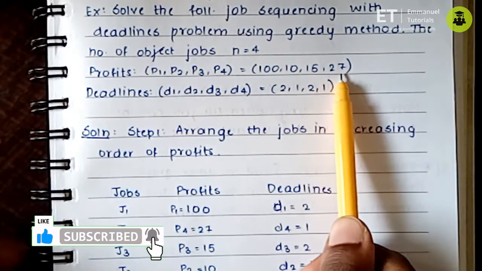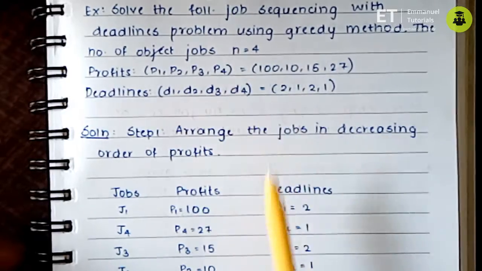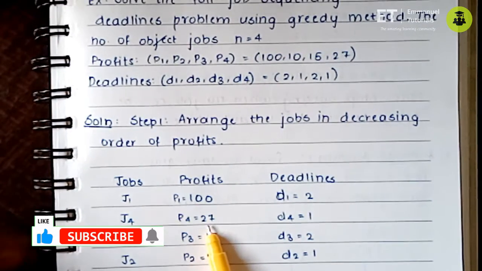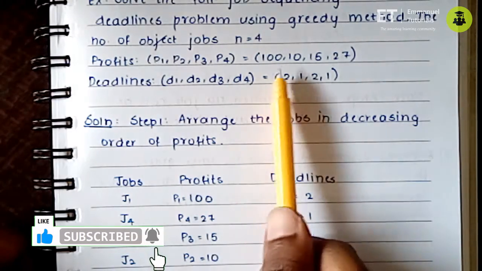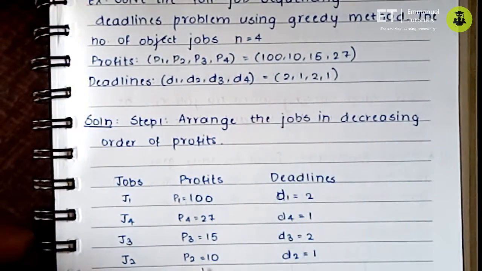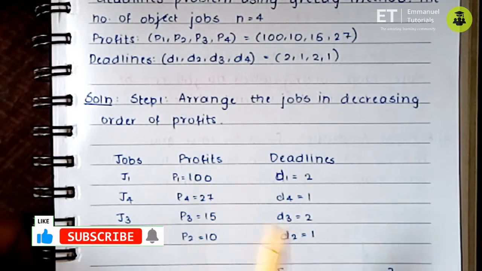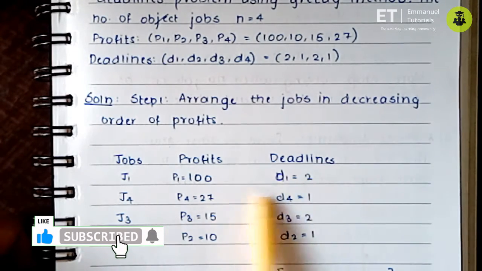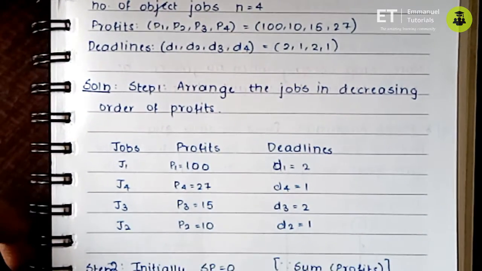Then the second highest is 27, which is job J4. Next is 15, which is job J3. And the last one is 10, which is job J2. So according to the profits, we have enlisted them in the decreasing order and their corresponding deadlines have been written. Once this is done, we are completed with the first step.